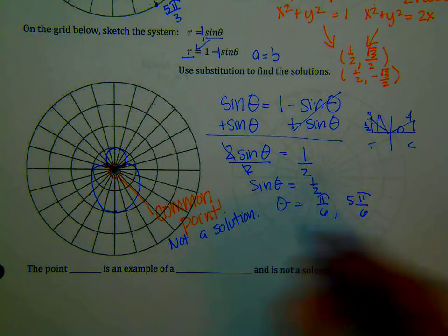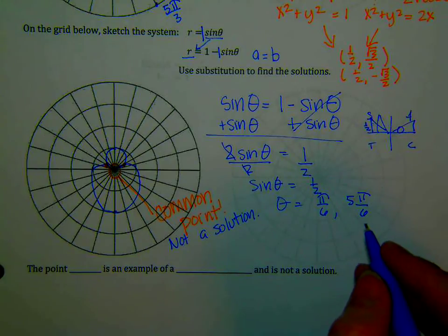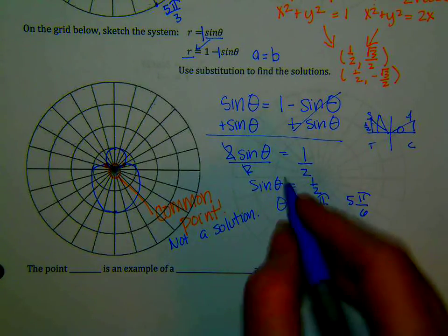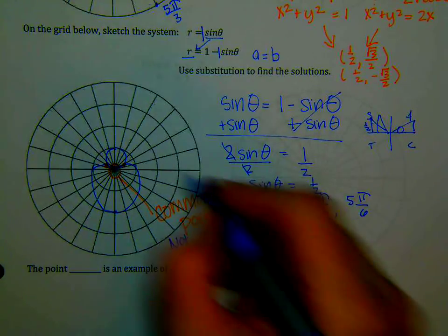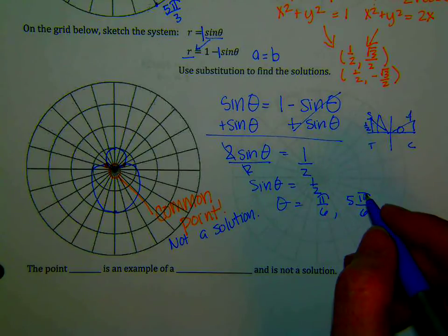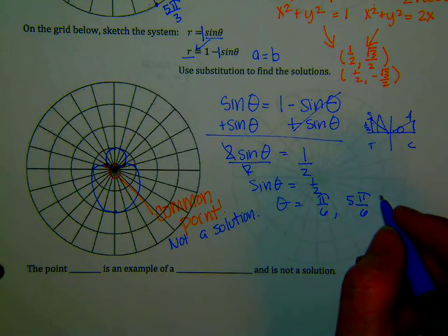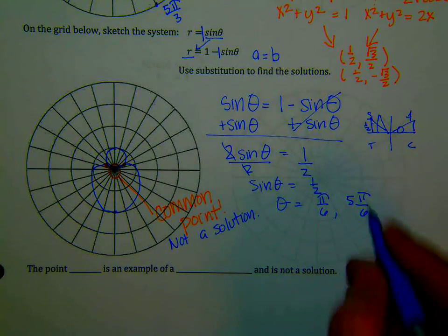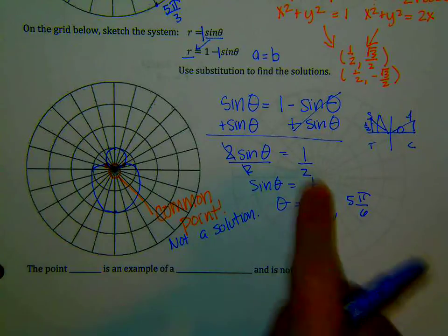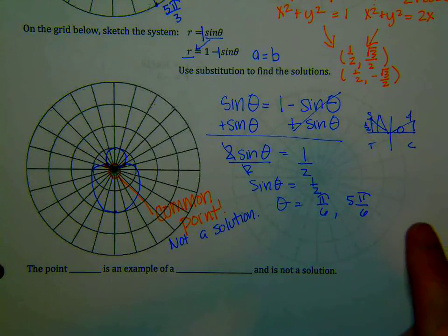So what is r? Well, r is 1/2. So we look at our point, and what is r? r is 1/2.